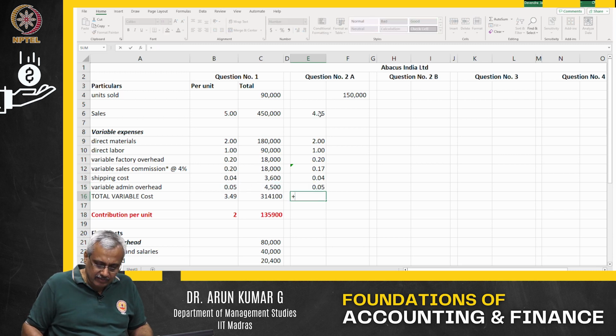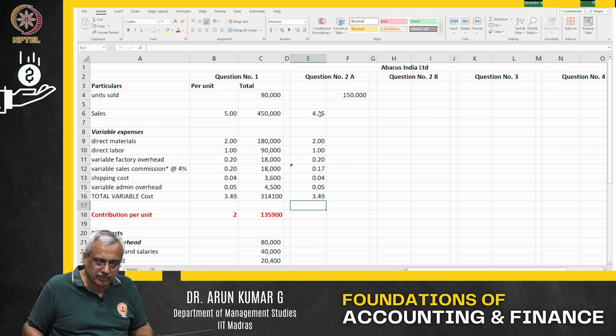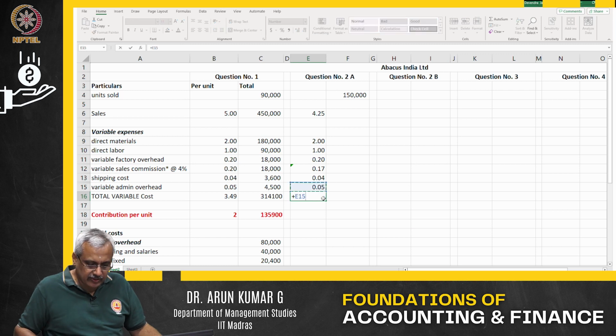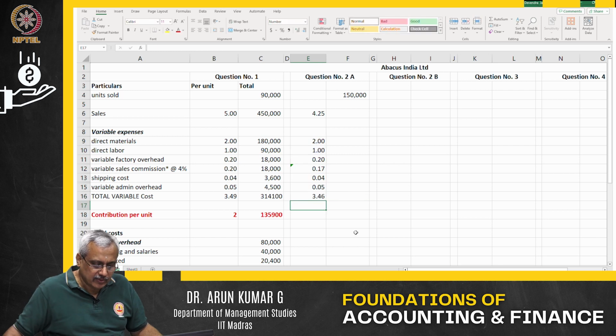What is going to happen? My total variable cost, with this calculation out here, is going to be 3.46 is what I see here.